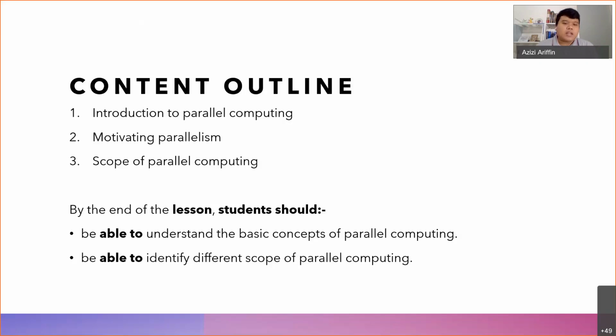By the end of the lesson, you should understand the basic concept of parallel computing and be able to identify different scopes of parallel computing. Also in lab 6, which I will assign maybe in two or three weeks from now, you will do hands-on practice on parallel computing.